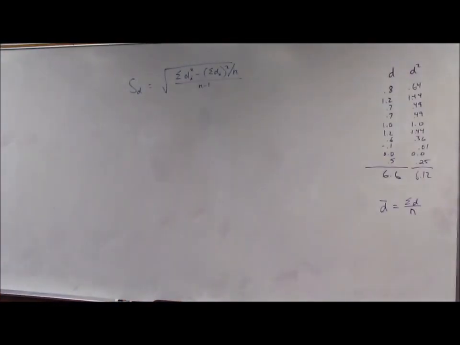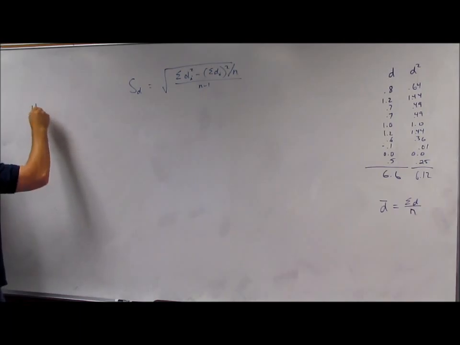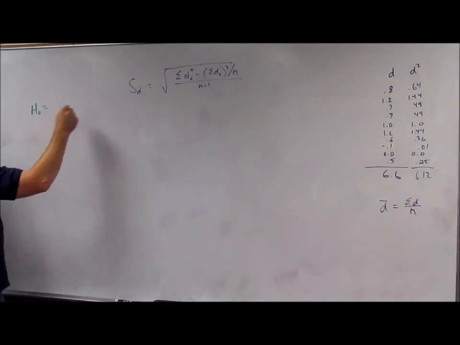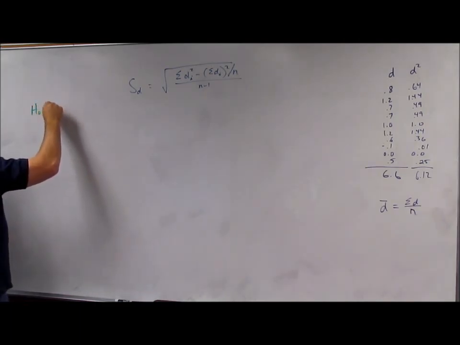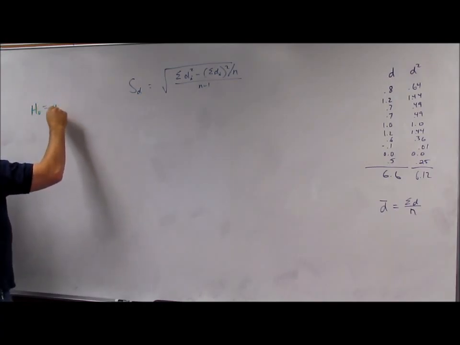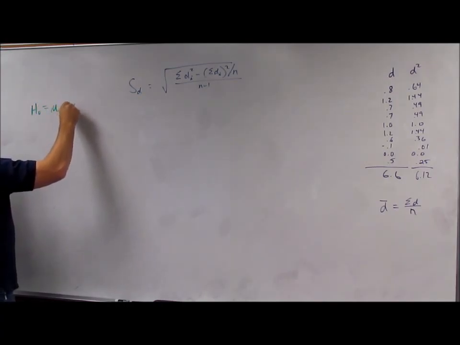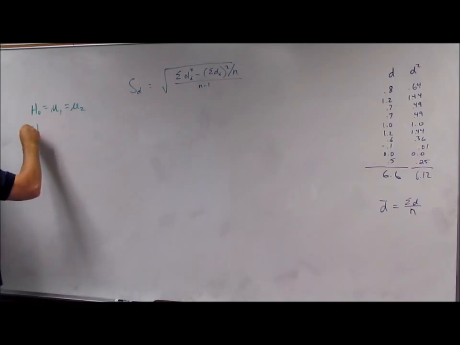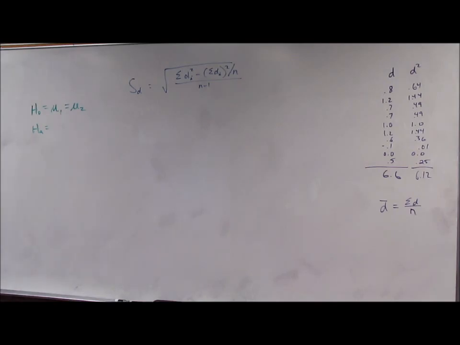We checked what happened. We're hoping that our null hypothesis is that mu 1 is going to be equal to mu 2, but our alternative hypothesis is that the additive is going to increase the mileage.